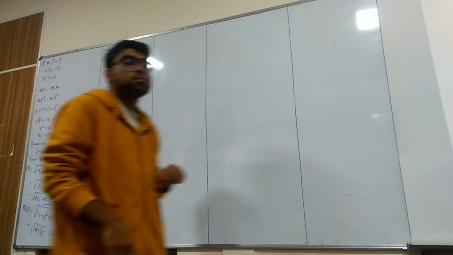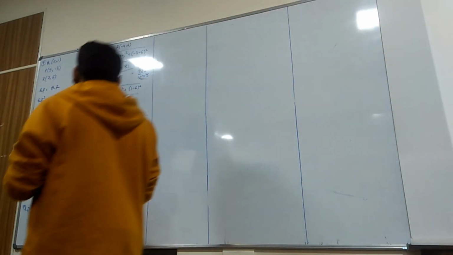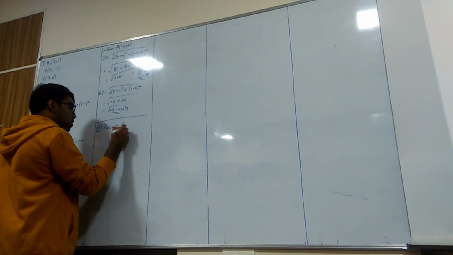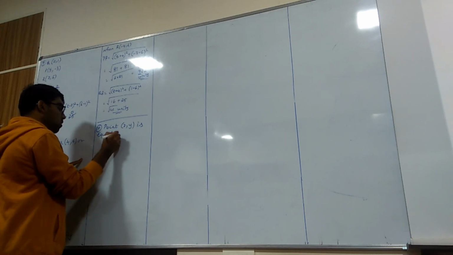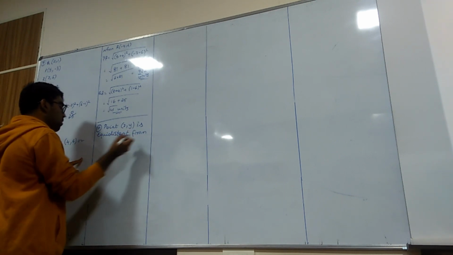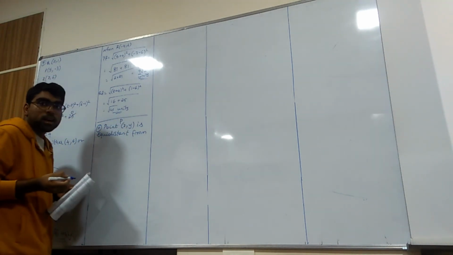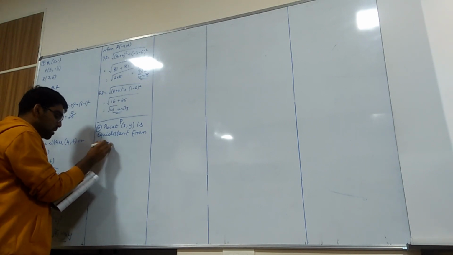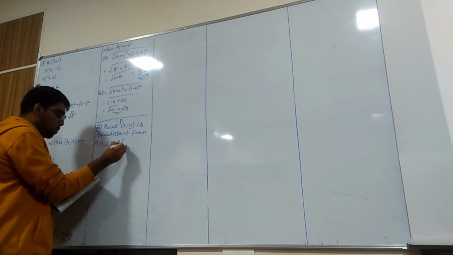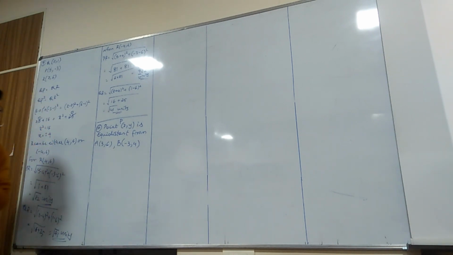What have they given us? (x,y) is equidistant from... I will take it as P of (x,y). Equidistant from the point A, which is (3,6), and equidistant from the point B, which is (-3,4).